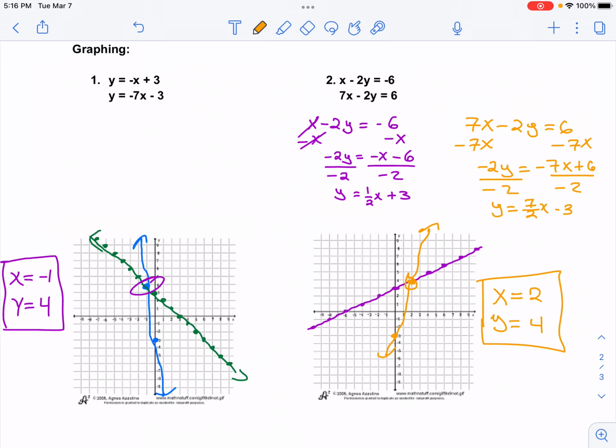The first 5 problems in your practice are going to be like this first example, where it's in y equals mx plus b form. The second 5 are going to be like these two, where you're going to have to get y alone and then graph using y equals mx plus b form. And one more time, where your lines cross is going to be your answer.